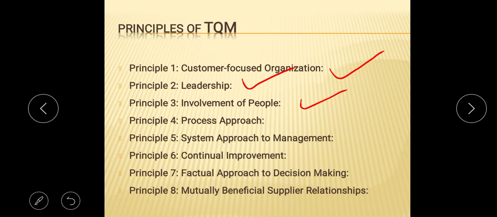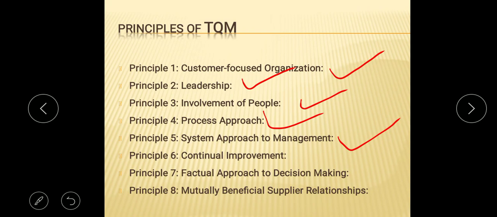Next one is process approach. The desired result is achieved more efficiently when related resources and activities are managed as a process. Next, principle 5 is system approach to management.